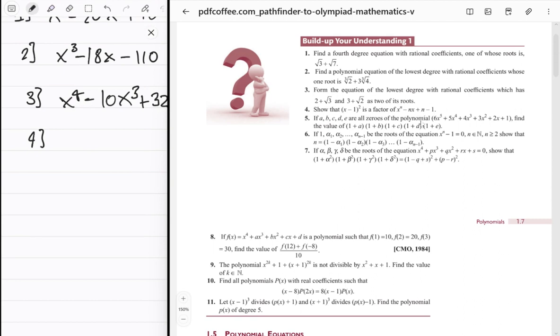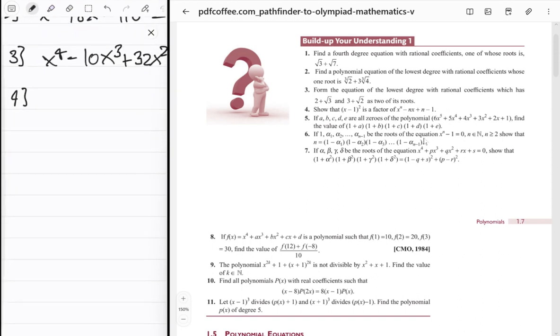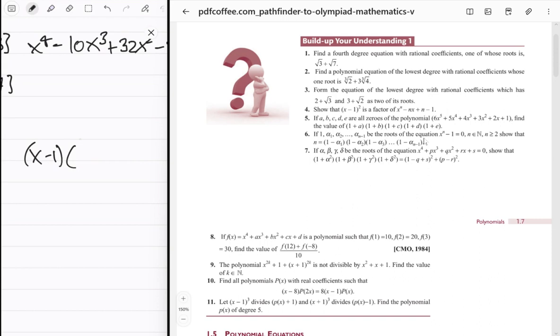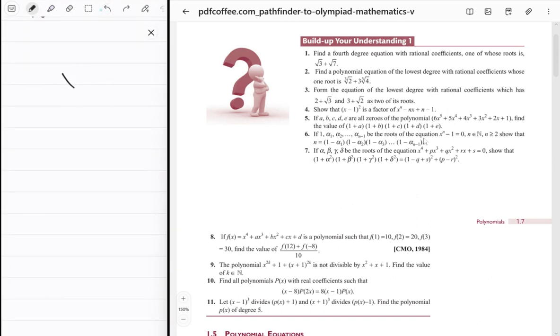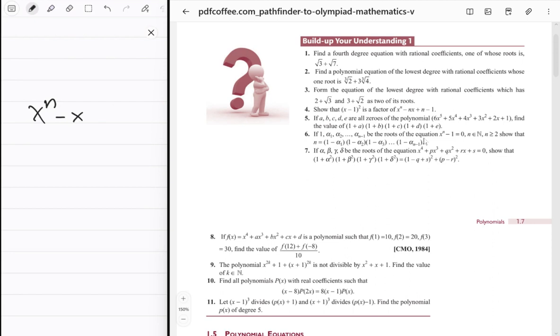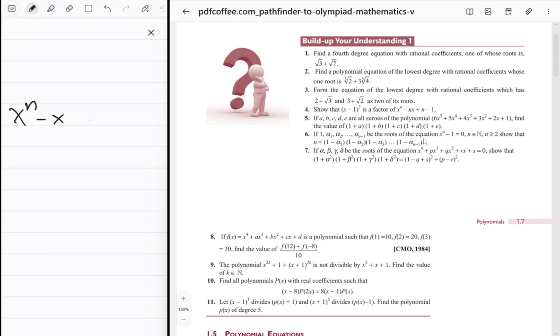So, you can factor out x minus 1 from there, something like that. I guess we can. So this can be written as x minus 1 times. Well, actually, I should do it correctly. So what do you got? You got x power n, minus x, and then the other stuff, plus x, right?